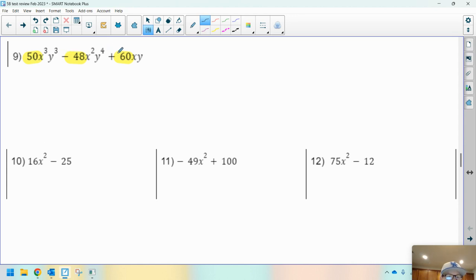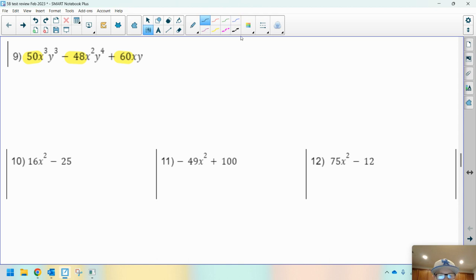I know only 2 can go into each of these, because 48 and 50, there's nothing that can go into both of those except 2. And 2 also goes into 60.